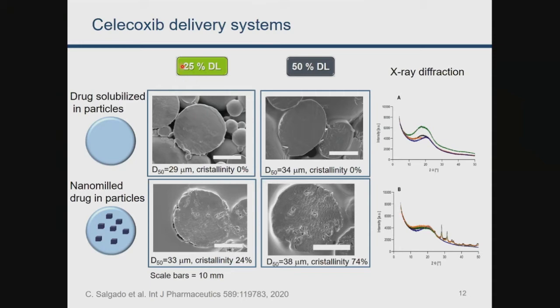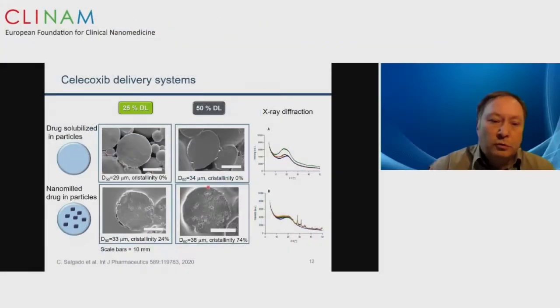We measured the drug content by UPLC, which was 25% for this first column or 50% for this second column. The cross-section of the particles shows a smooth polymer matrix for the solubilized drug, as well as the absence of crystallinity as measured by differential scanning calorimetry and confirmed by the absence of peaks on the X-ray diffraction pattern.